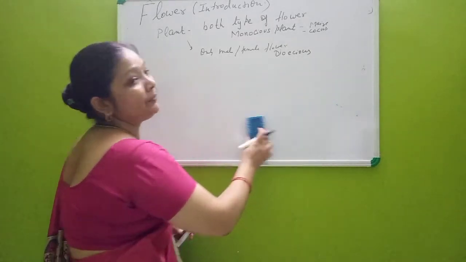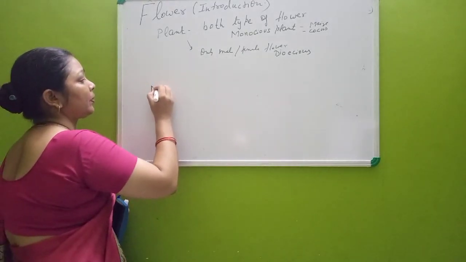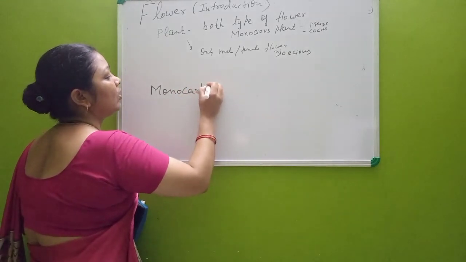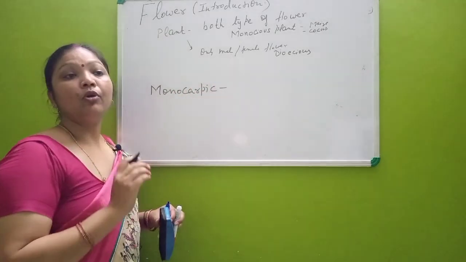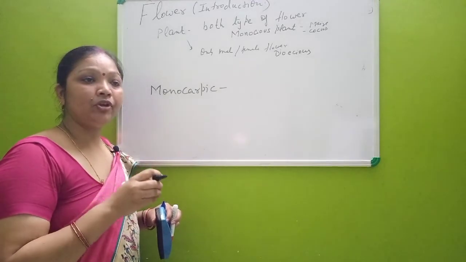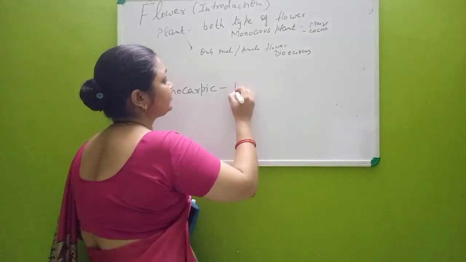Now the next term that we have to study is monocarpic. Monocarpic is when a plant produces flowers once in a lifetime.